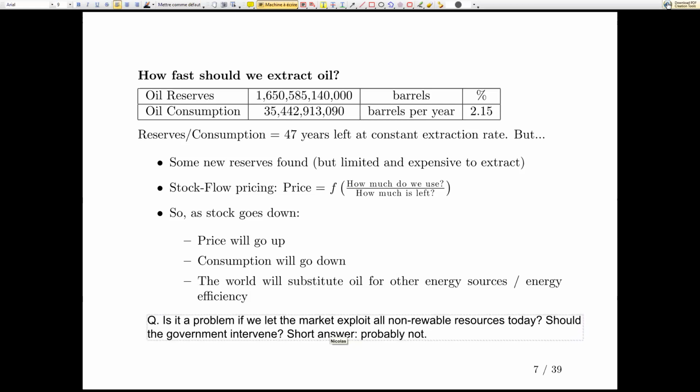If we believe that stock markets have some rationality in them, in the sense that they incorporate new information that comes in, then the price of oil is the perfect price. It's the price that reflects its use today and its expected value tomorrow. So it's not something to feel bad about for future generations. It's just we exploit it, but then they are not going to have it in the future.